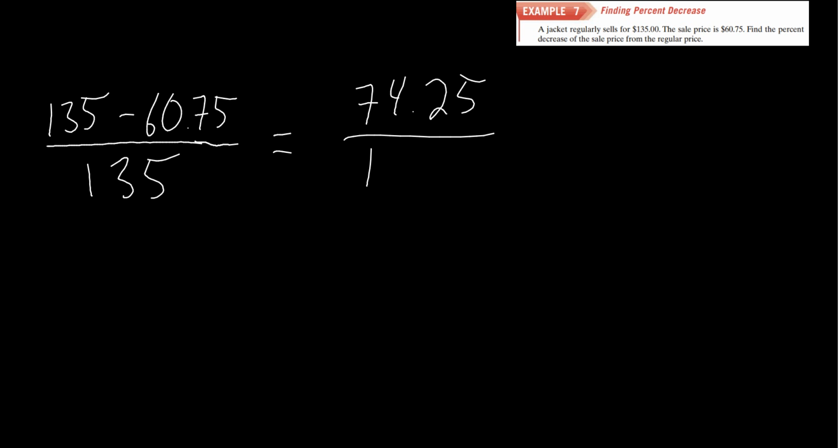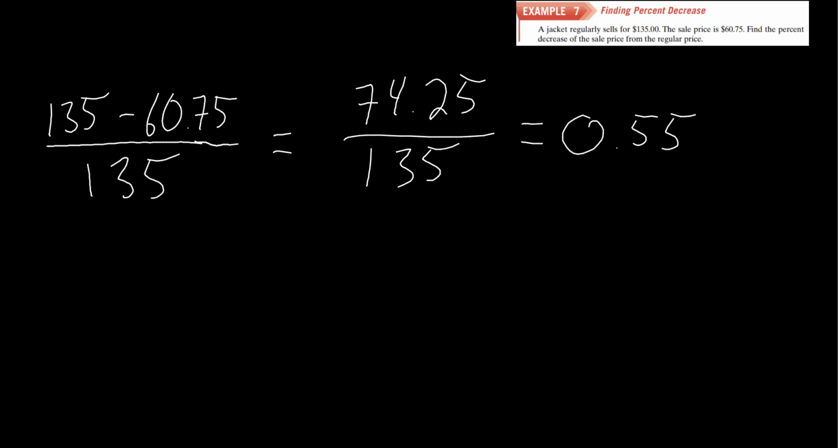I knew it didn't sound right because we want a nice round number for our percent decrease. So it's 74.25 divided by 135. There it is, yeah, 0.55. My first answer didn't look right, so I knew I did something wrong.